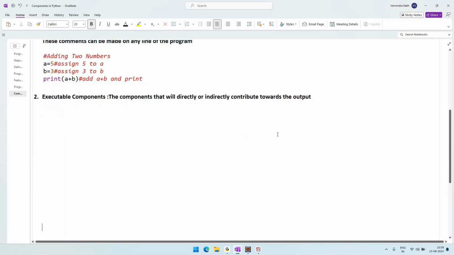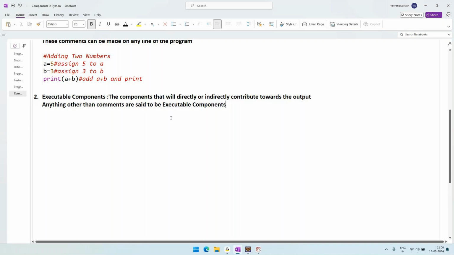So now, anything other than comments, okay, you need to remember that. Anything other than comments are said to be executable components.